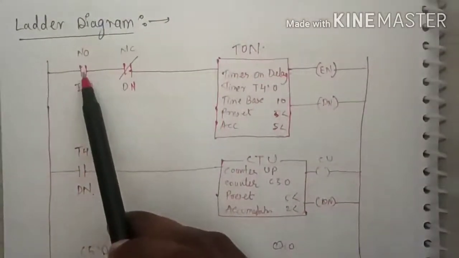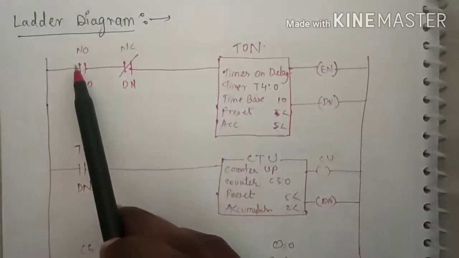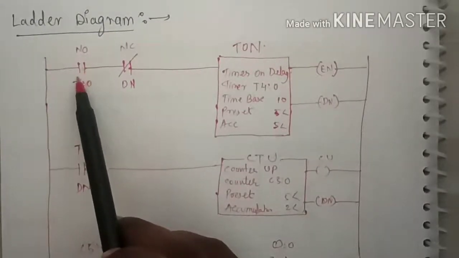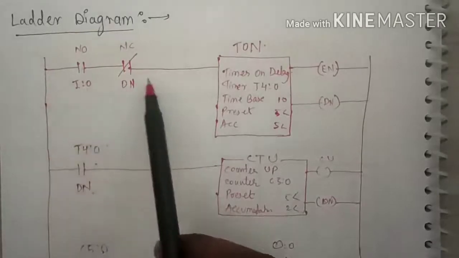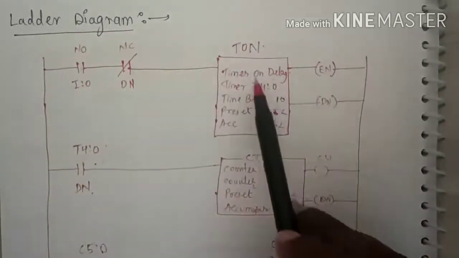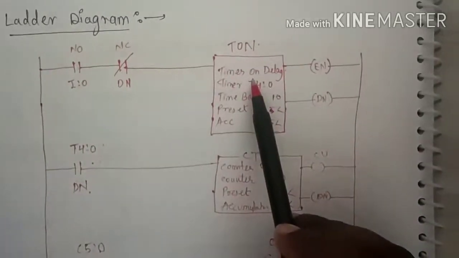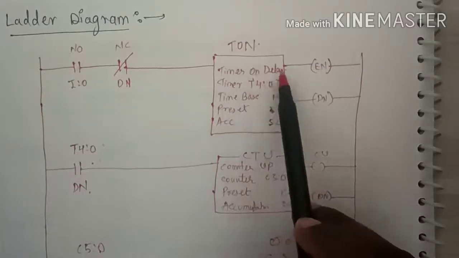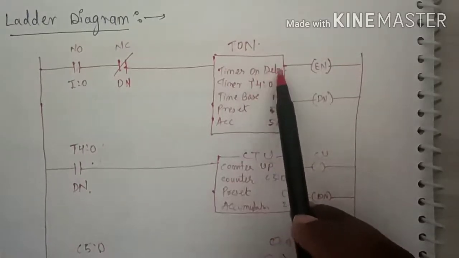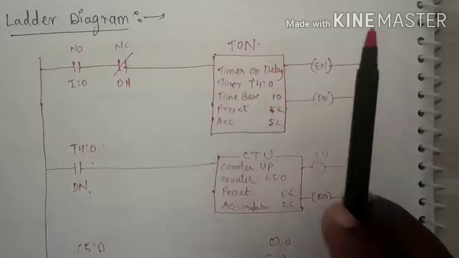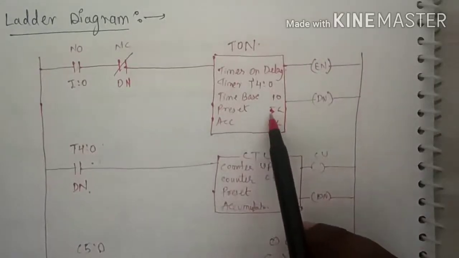When I press this NO switch, the circuit will become closed, and the current starts to flow through the TON timer. TON timer means timer on delay, which delays the timer to a certain value. Let's suppose my preset value is 5.